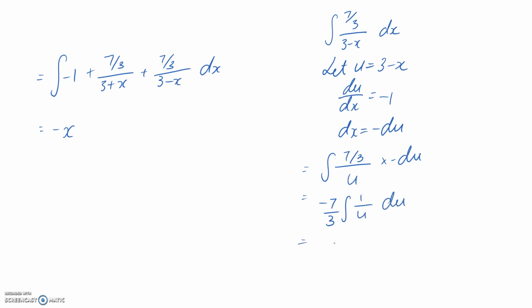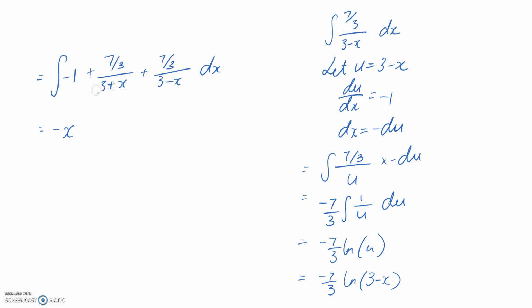So if we integrate that, the integral of 1 on u with respect to u is going to be natural log of u. And we don't want to answer in terms of u, we want to answer in terms of x, so we need to sub this back in. So we're going to get 3 minus x.